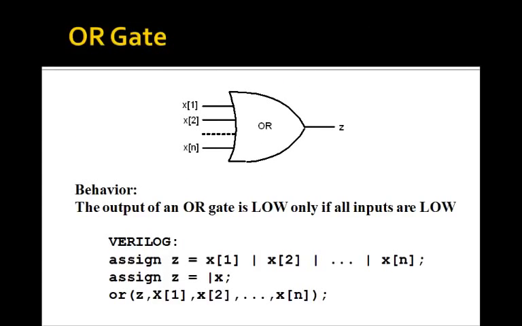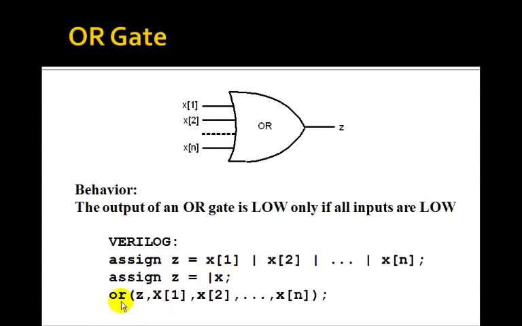Let's look at a multiple input OR gate. The behavior of multiple input OR gate is that the output is low only if all inputs are low. If any of the inputs are 1, the output is 1. In Verilog, again, we use the assignment statement, assign z with the OR symbol. The reduction operator OR can be used to represent all this with just OR x, where x is an array.